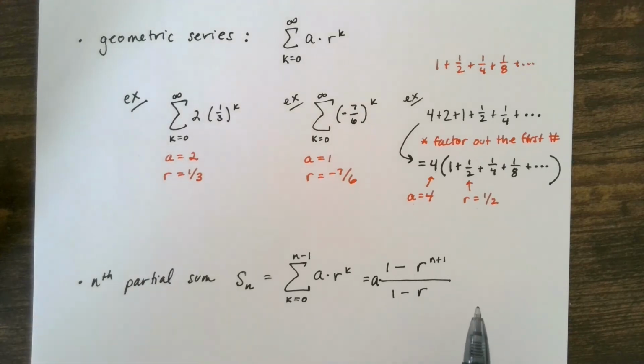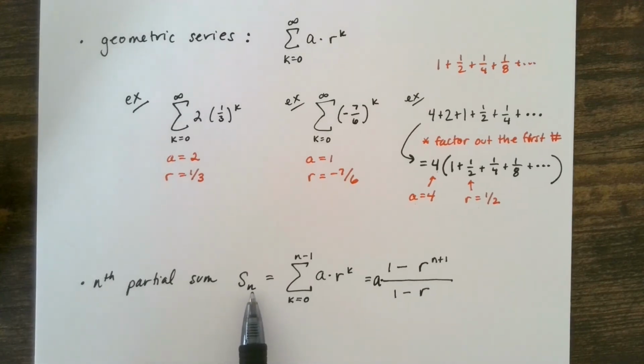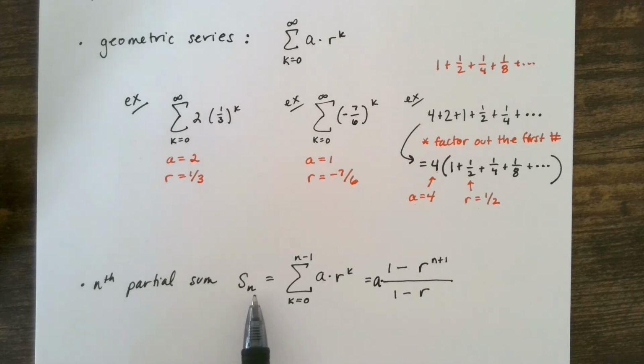What I want you to notice is what we can decide about converge or diverge using this formula, right? Because one of the things we know is that if the sequence of these partial sums as n gets really big, if that sequence is convergent, then my series is convergent, and then we can actually compute that number. So the series would be equal to the limit of those partial sums. So as n gets really, really big, the only place n is in this formula is right here.